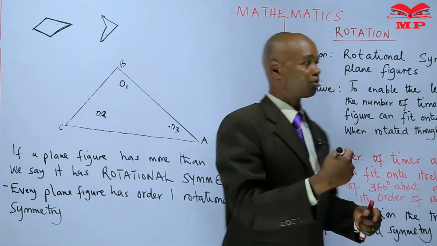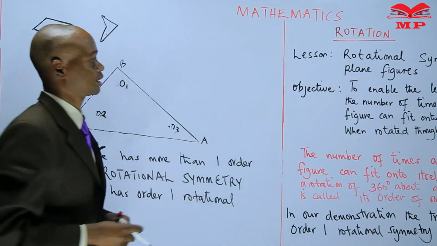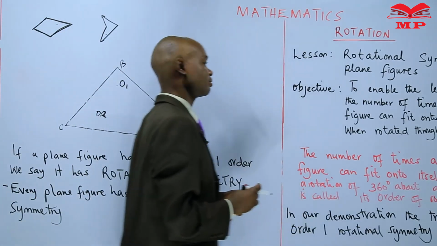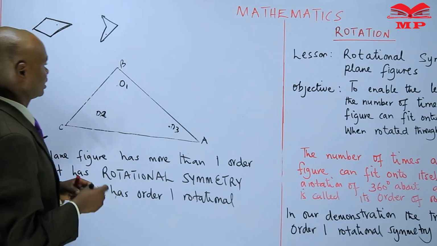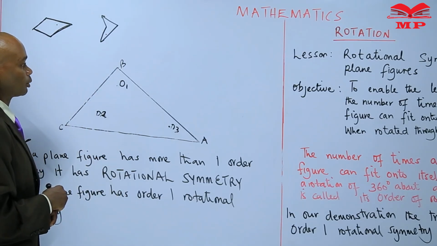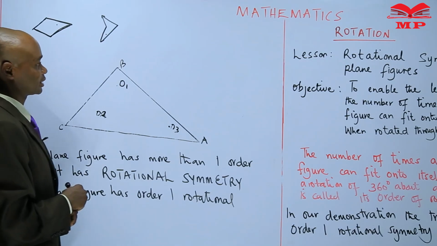So we recap what we've gone through in our lesson. Our objective was to find how many times a plane figure can fit onto itself in a rotation of 360 degrees about a point within itself.